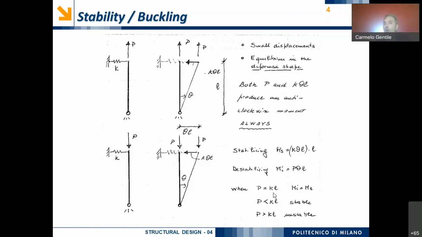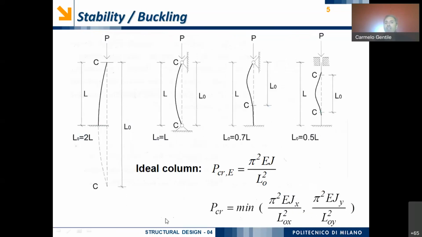When the force P is lower than KL, then the stabilizing force is dominant. So we have a stable kind of equilibrium. Otherwise, when P is larger than KL, it is the destabilizing moment which is dominant, and so we have an unstable equilibrium. We can observe that exactly the same happens in the case of a real beam.